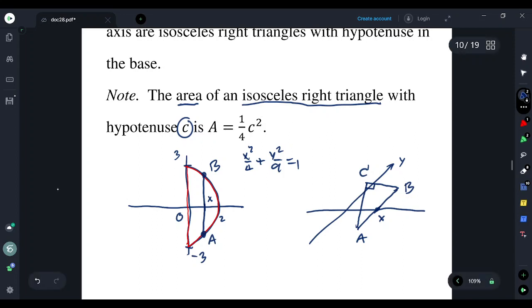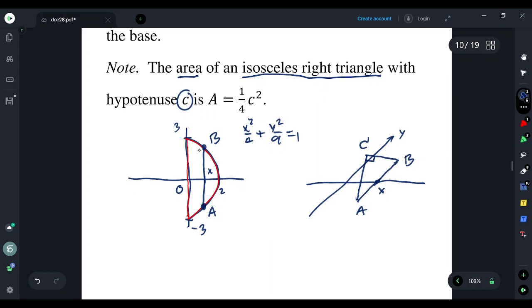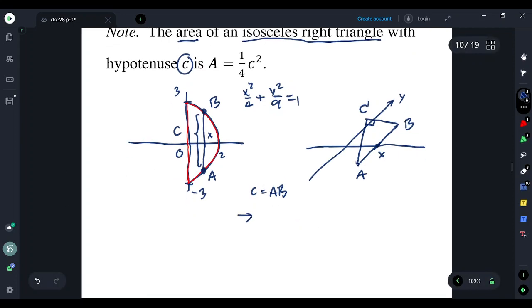So we're going to use this. It means I'm going to need to calculate C, which is just AB. Once we know C, we'll be able to calculate the cross-section area. A(x) is going to be 1/4 multiplied by C squared, right?